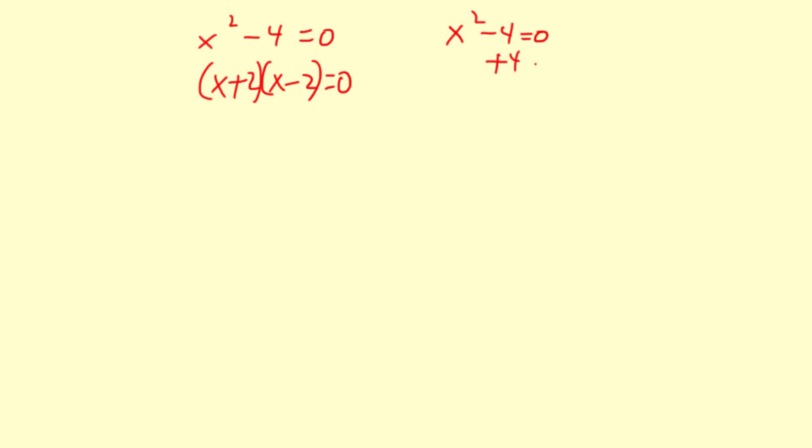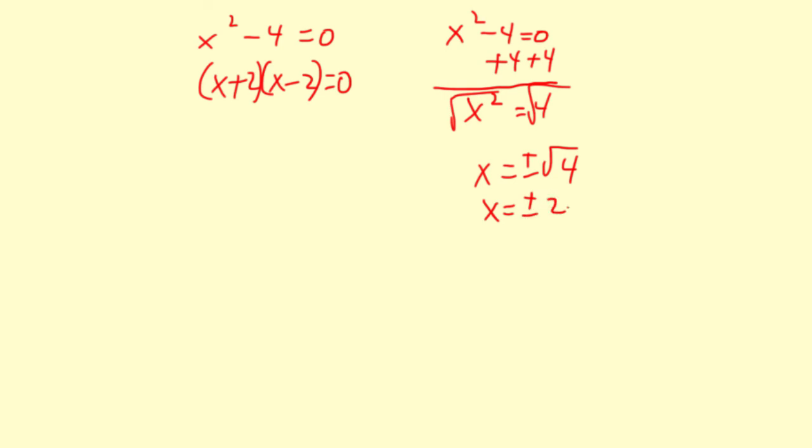Add 4 to both sides, and you get x squared equals 4. And then take the square root of both sides, and you get x equals plus or minus square root of 4, which is x equals plus or minus 2. And if you use the zero product property here, you also get x equals plus or minus 2.